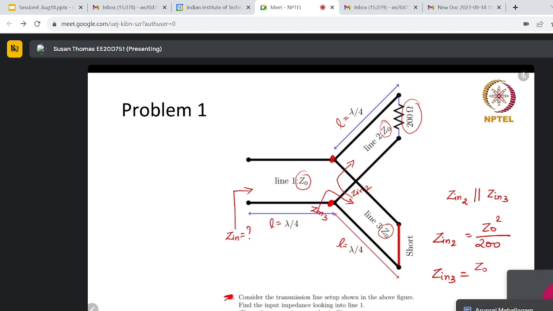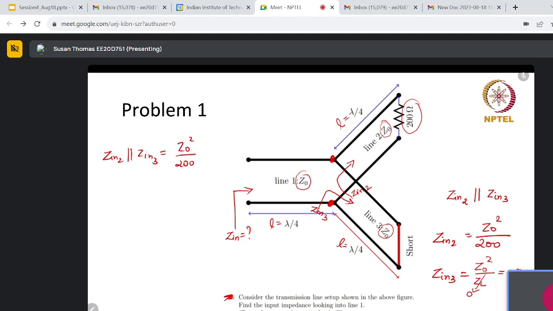Z naught square by ZL. Here, because it is a short circuit, ZL becomes 0 and Z in 3 is infinity. Now, what is Z in 2 parallel to Z in 3? Z naught square by 200 parallel to infinity. So Z in 2 parallel Z in 3 is Z naught square by 200.